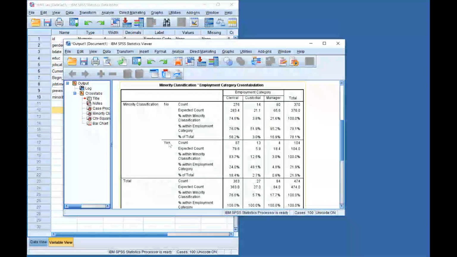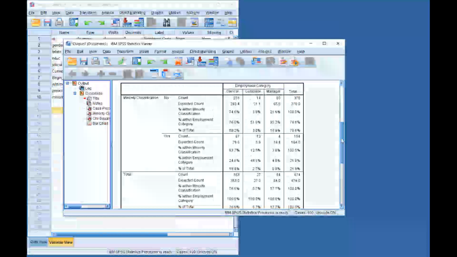For our minority classified employees, we see a count of 87 clerical, 13 custodial, and only 4 in the managerial employment category, and there's a total of 104 minority employees.